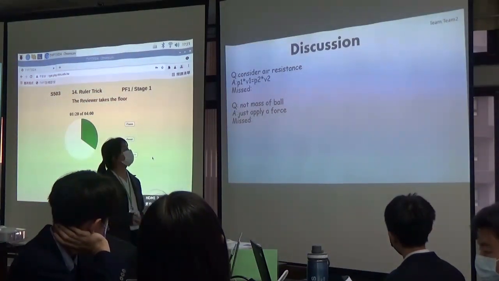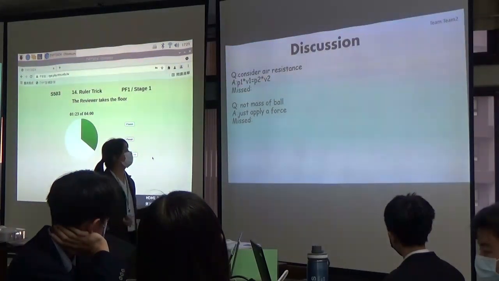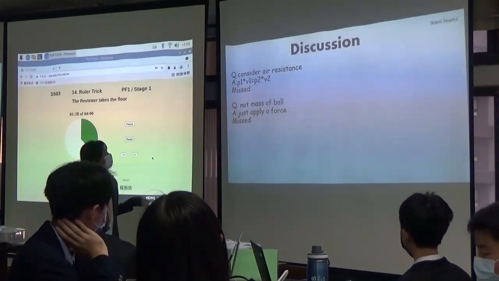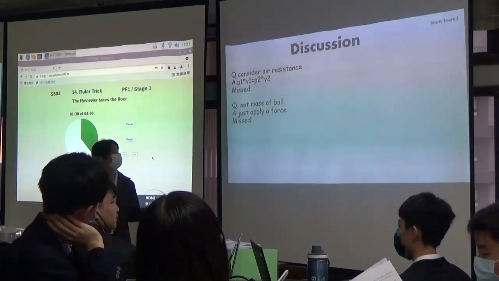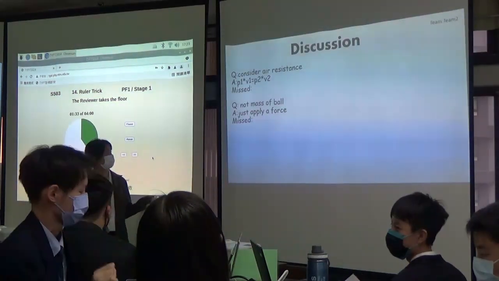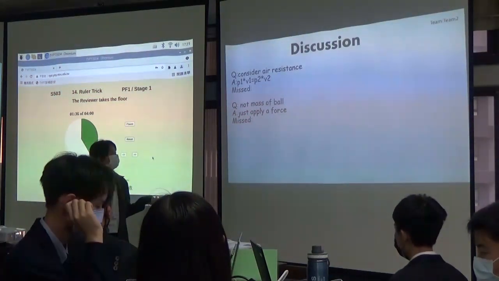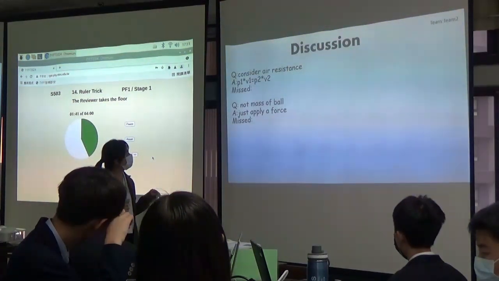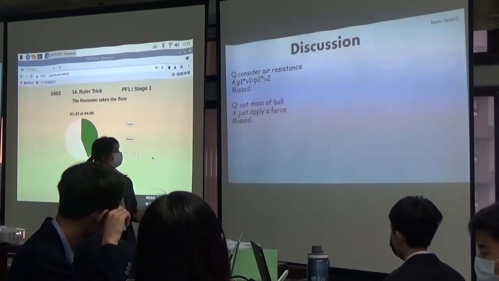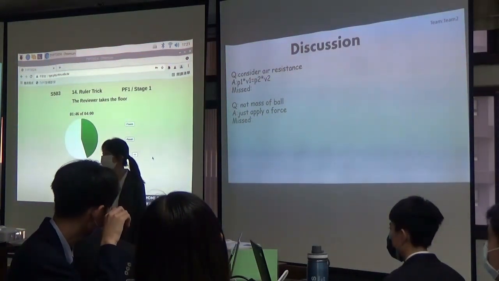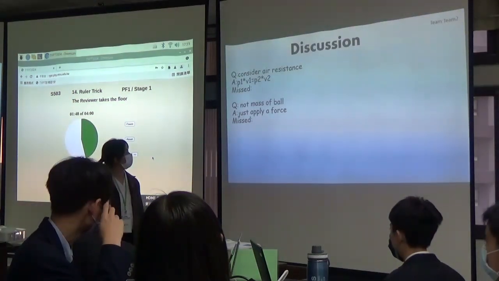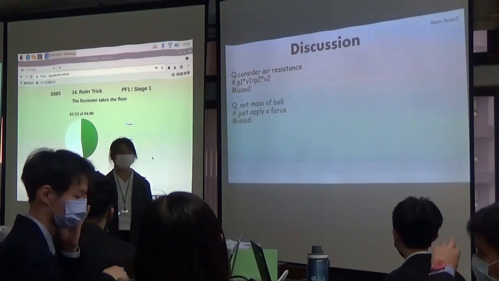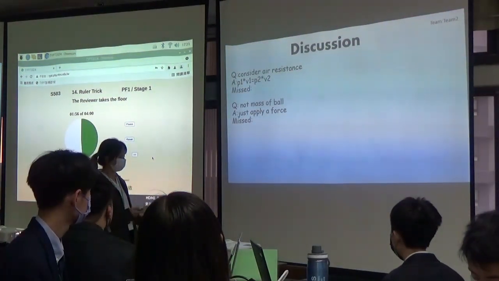In the discussion, the opponent asked the reporter to consider air resistance, and the reporter answered that P1 times V1 equals P2 times V2. The next question was that he doesn't consider the mass of the ball, but the reporter said we just apply the force, so you don't need to consider the mass of the ball.